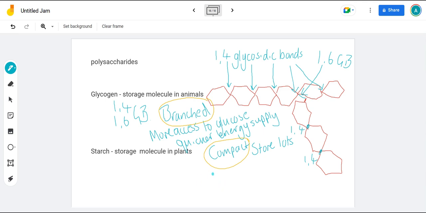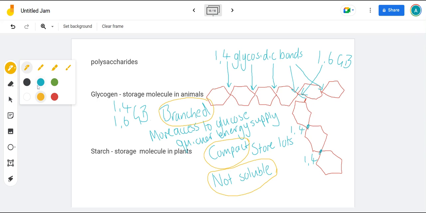The next thing is that glycogen is not soluble. Okay, or you could say it's insoluble. So we said that our monosaccharides and disaccharides were soluble because they're nice and small. Glycogen is actually quite a big molecule, so it's not soluble.